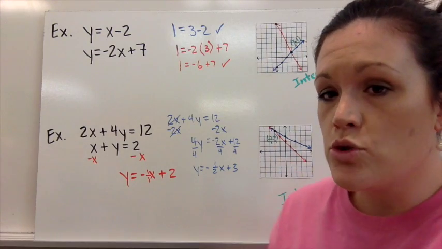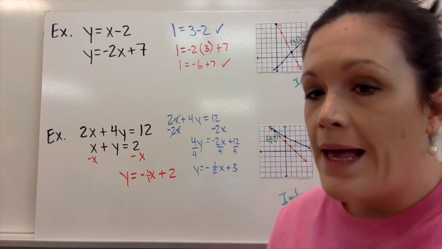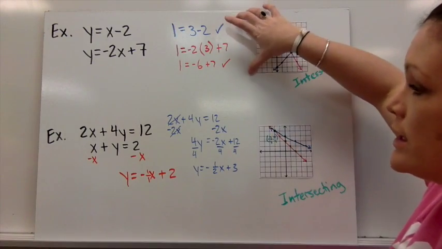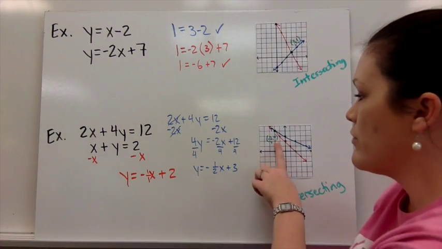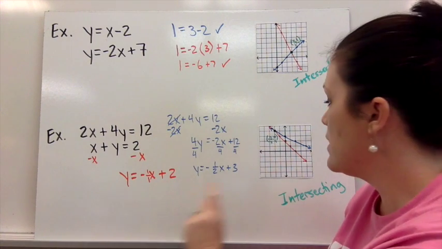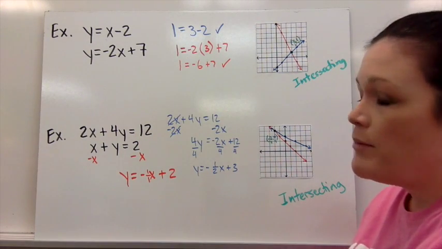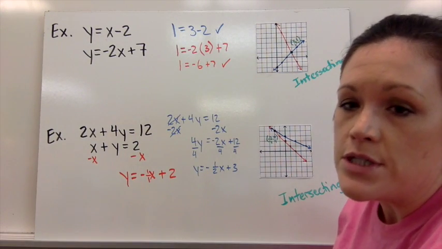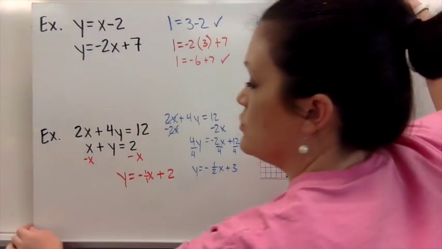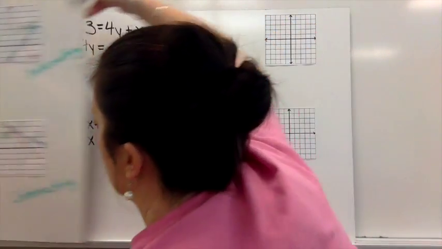They had one solution at negative 2, 4, and you can plug them back in to check your answer. You would do just what I did right here, but I'm just not going to do that part for this example to save some time for the video. But you could plug in x equals negative 2 and y equals 4 back into both of the original equations and just check and make sure that that makes sense. But let's move on to 2 more examples.